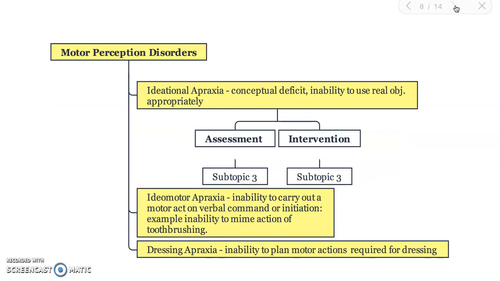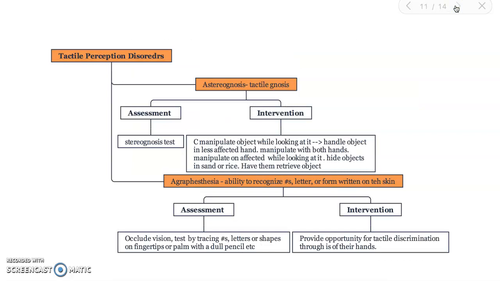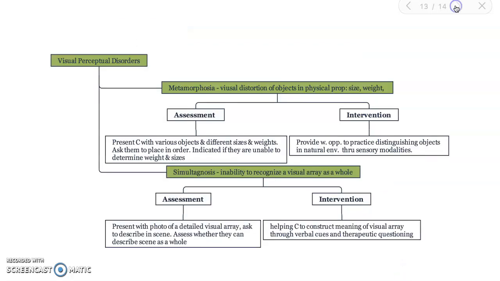There are motor perception disorders such as ideational apraxia and ideomotor apraxia, as well as Jessen apraxia. For tactile perception disorders, there is astereognosis, agraphesthesia. Some visual perceptual disorders are agnosia, color agnosia, and color anomia, as well as prosopagnosia.